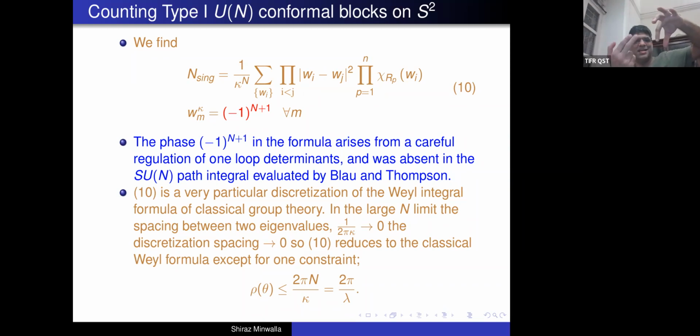The density is 1 over the spacing of eigenvalues divided by n, and that becomes kappa by n, up to an extra factor of 2 pi, which doesn't matter. This tells you that the eigenvalue density function in this theory is always bounded by 2 pi divided by lambda. So what we get is indeed the Weyl integral formula of classical group theory in this large n limit with an extra constraint. This extra constraint is simply that the modulus of the eigenvalue density function cannot exceed 2 pi divided by lambda.